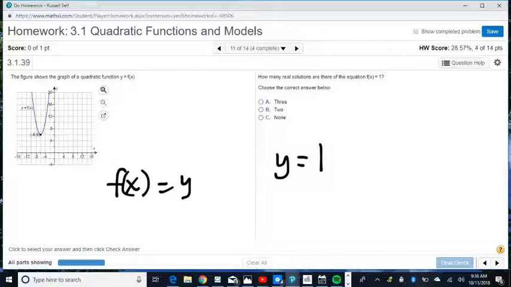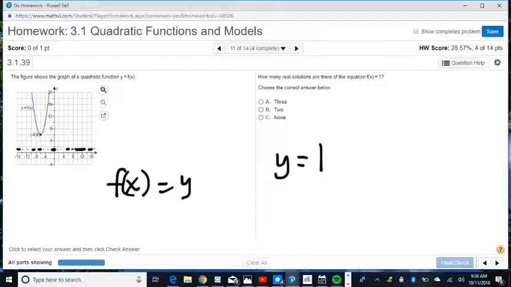Okay, so y equals 1 is what we're looking for. Well, if you expand the graph, y equals 1 right there. So let's draw a little dotted line there. Be careful. They love to do this to you. They count in twos, right? If they're asking for an odd number, they'll count in twos. Don't let that throw you.